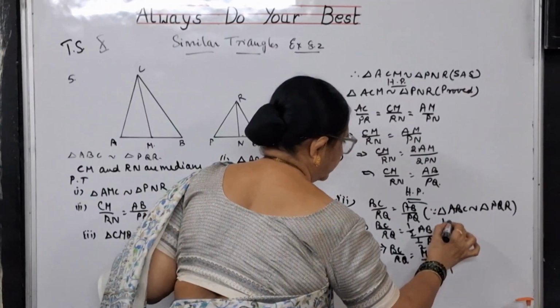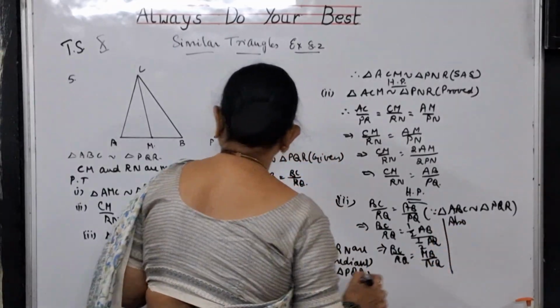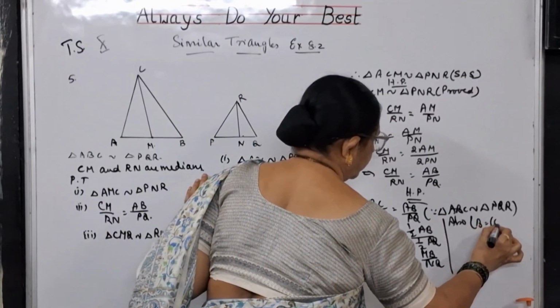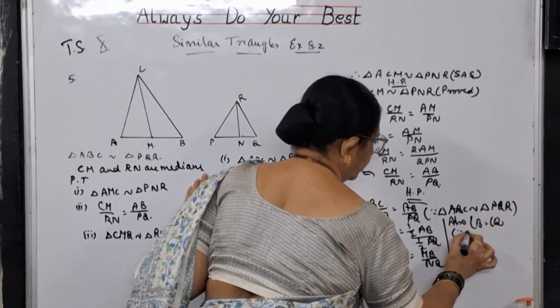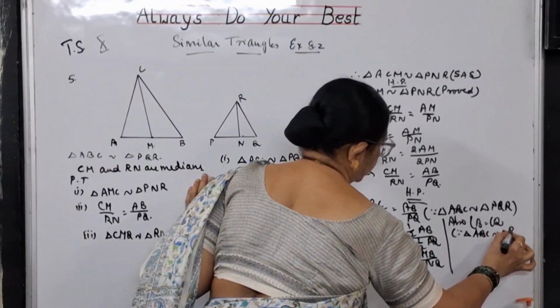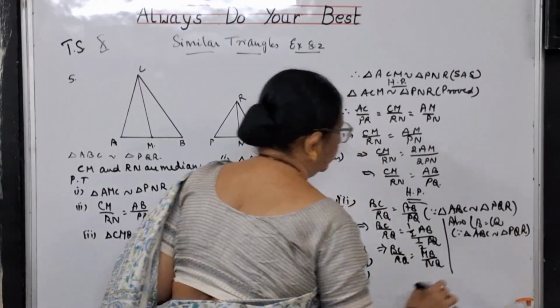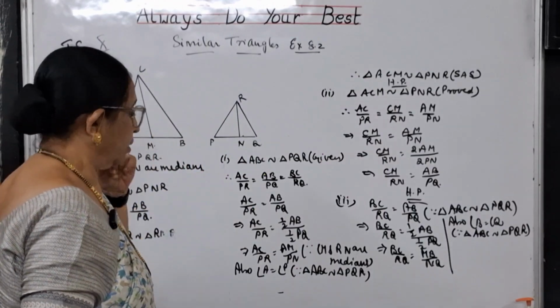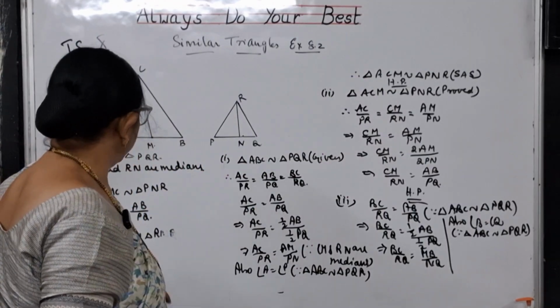Also, angle B is equal to angle Q. Why? Because triangle ABC is similar to triangle PQR. When two triangles are similar, their corresponding angles are equal. Therefore, what you can say?